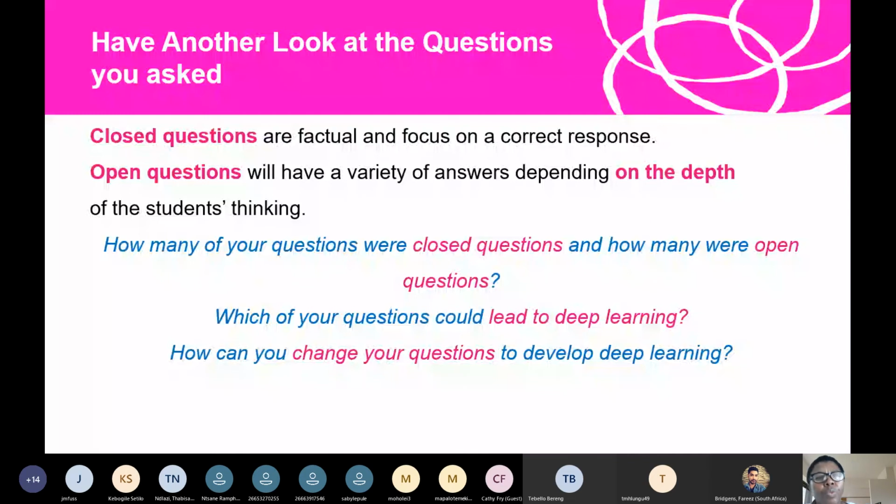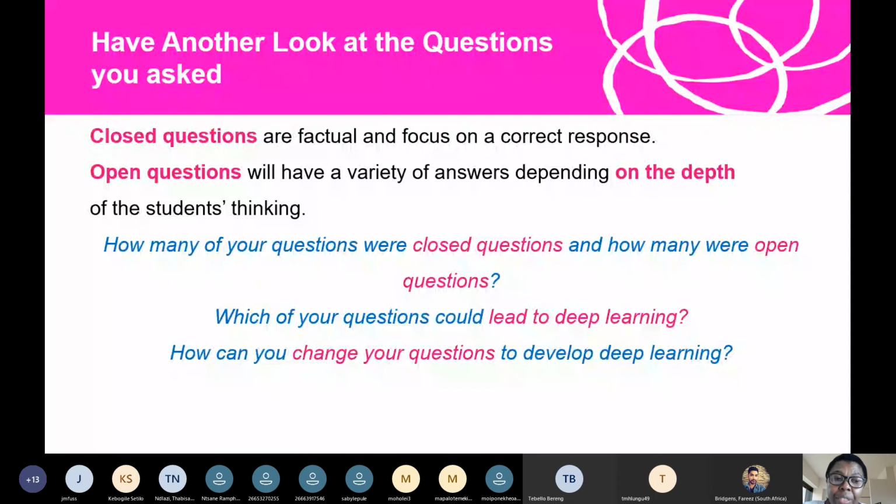Open questions are closer to the higher order questions. They encourage deep learning, and more often than not, most of the closed questions encourage surface learning.